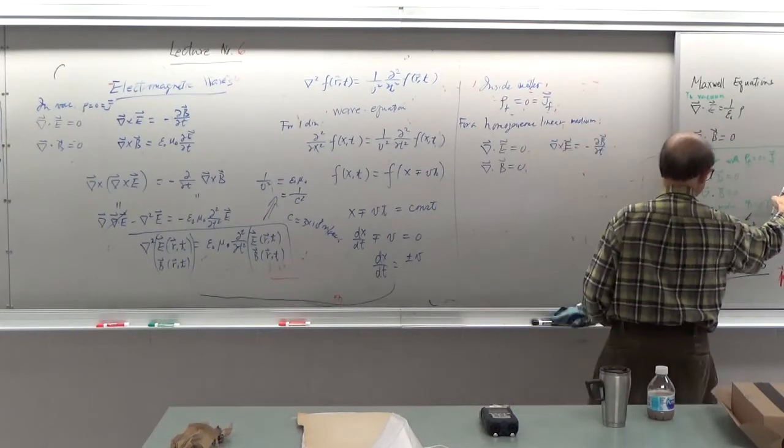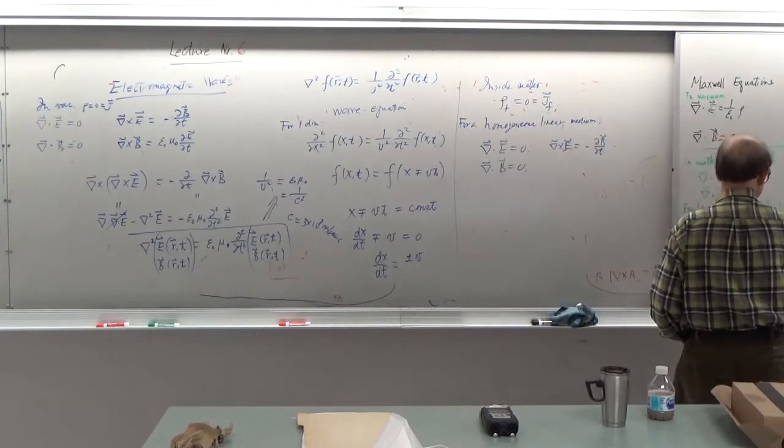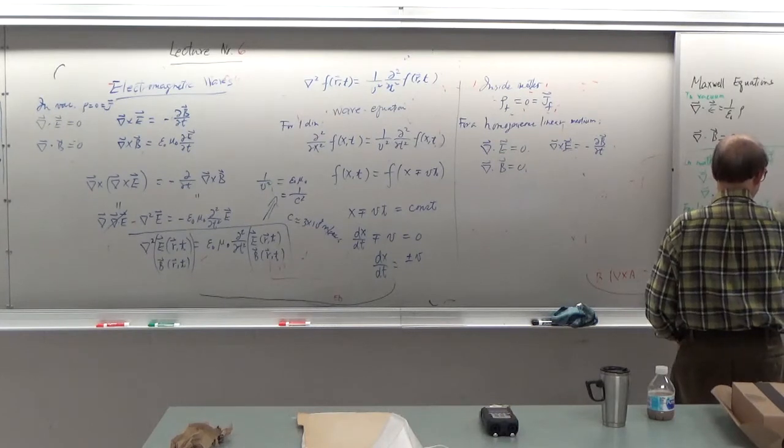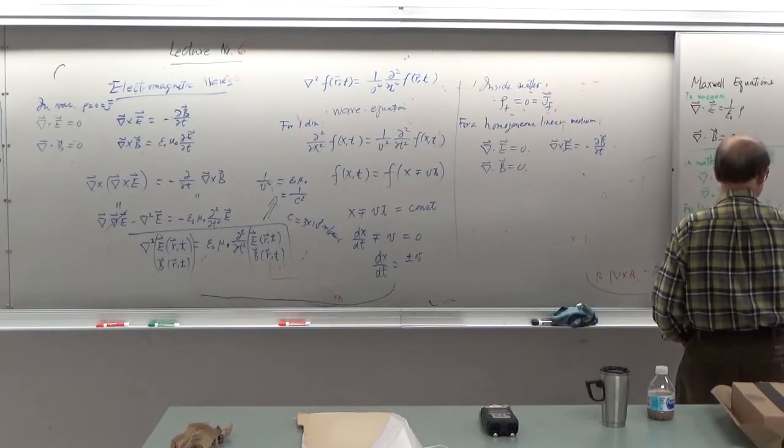And how about this equation? In this equation, H is 1 over mu B. 1 over mu can go to the other side.